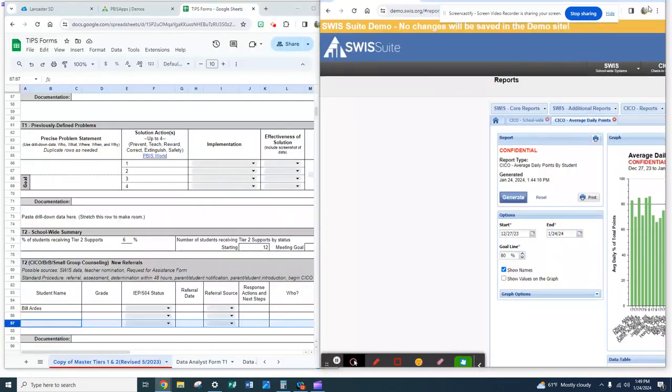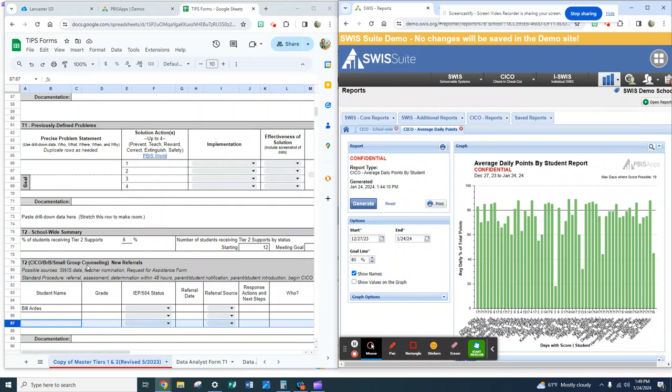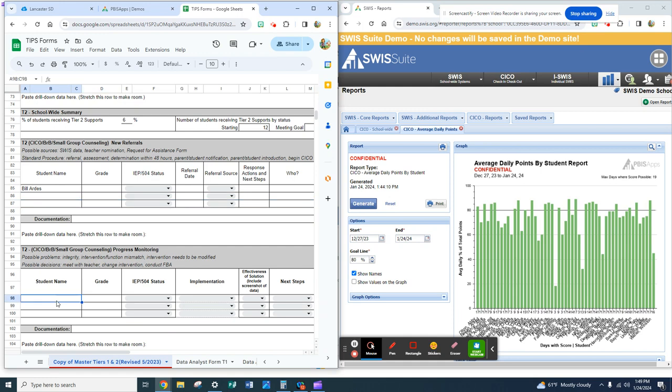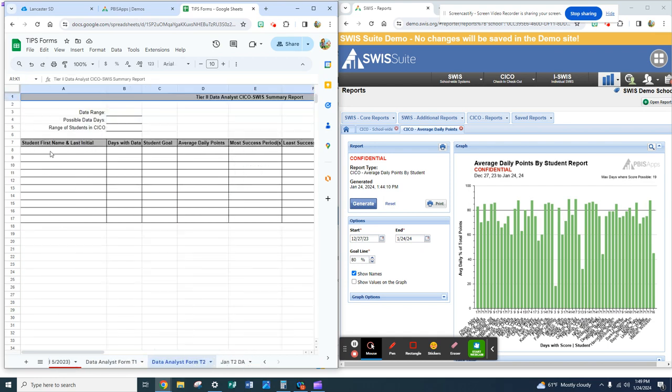So let me come down here to progress monitoring. I'm going to look at some of those lower students, not the number 3 guy here. Number 13 looks like Laura Felton. Let me go over to my data analyst page. Okay, we didn't do the date range.